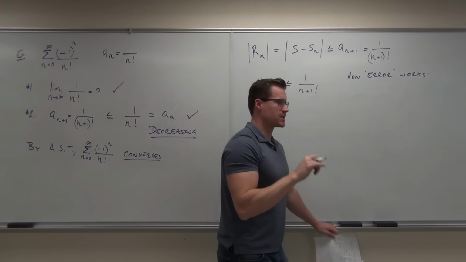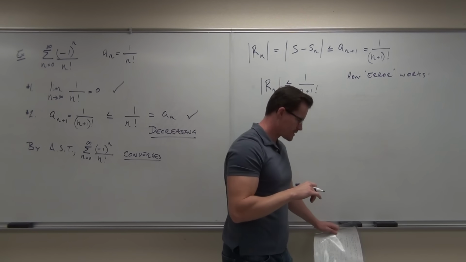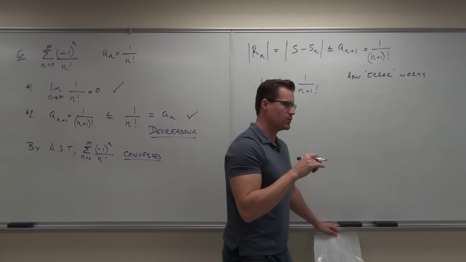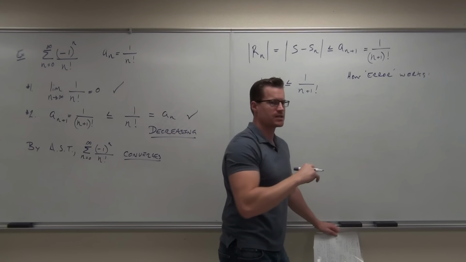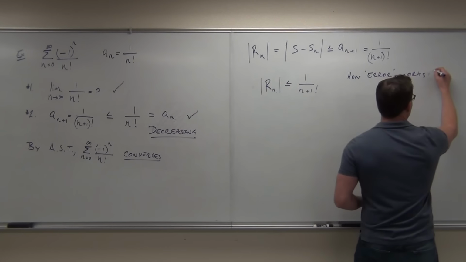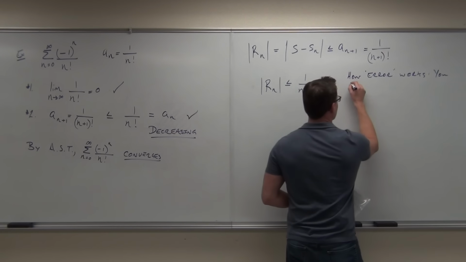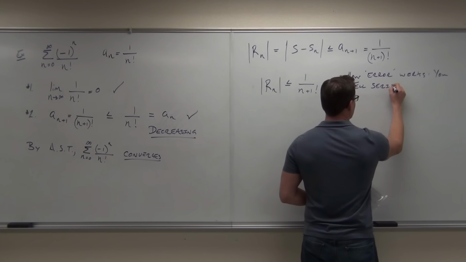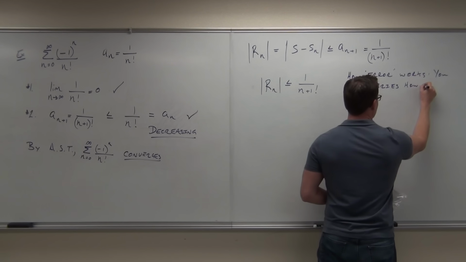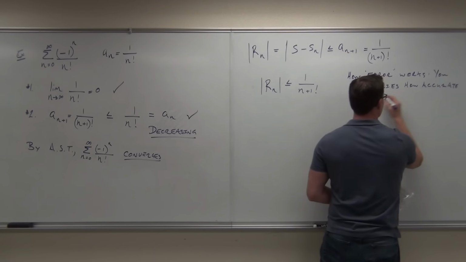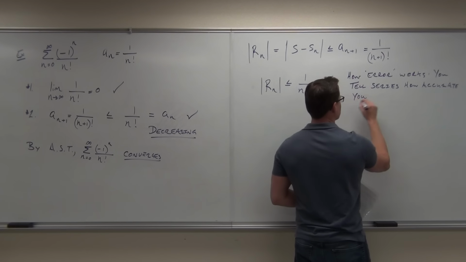You tell the series, the partial sum, how accurate you want to be, and then you use the error, whatever this is, to tell you how many terms you need to be that accurate. You tell it.